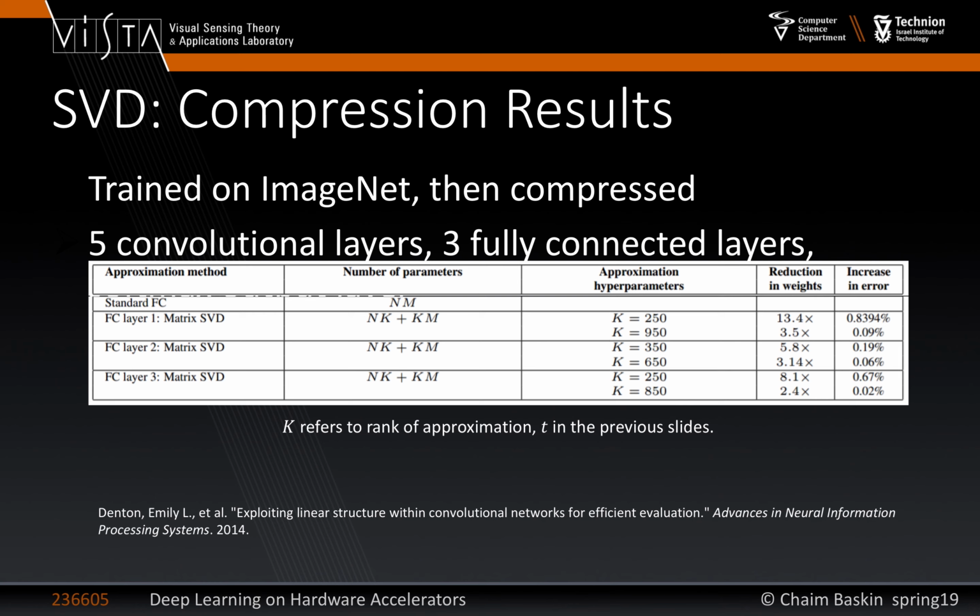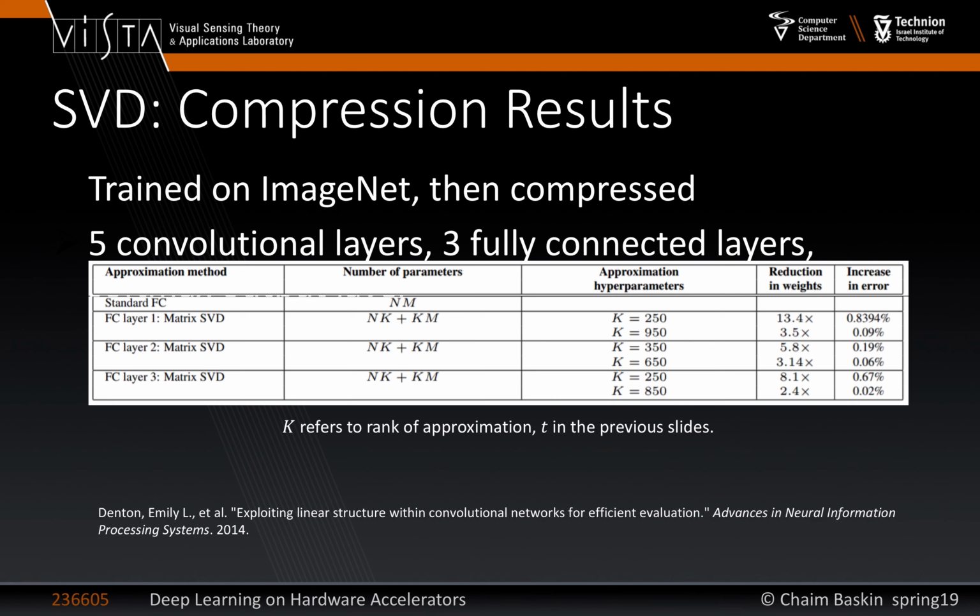So why don't we build a smaller FC layer to begin with? You can build a smaller FC layer, but assume that you cannot change your network.